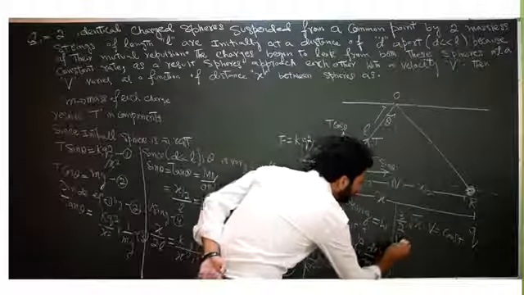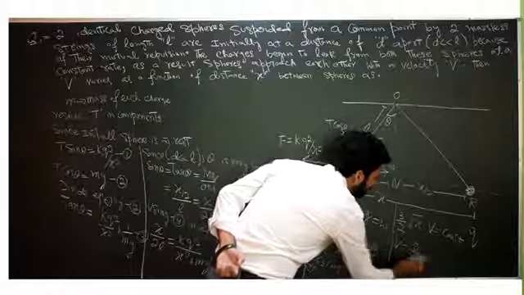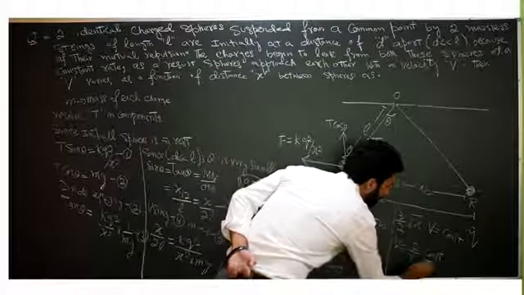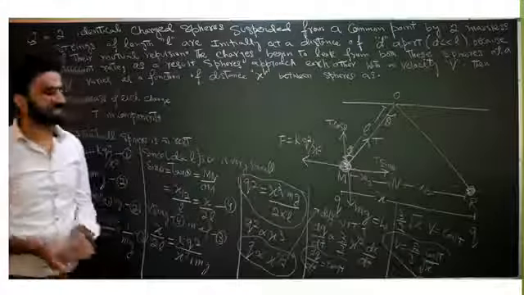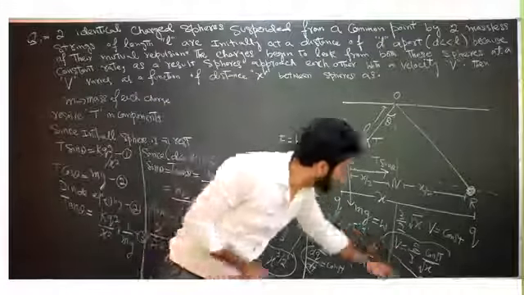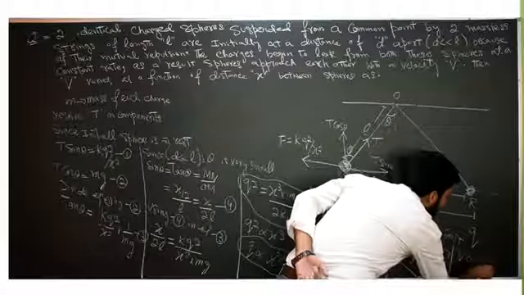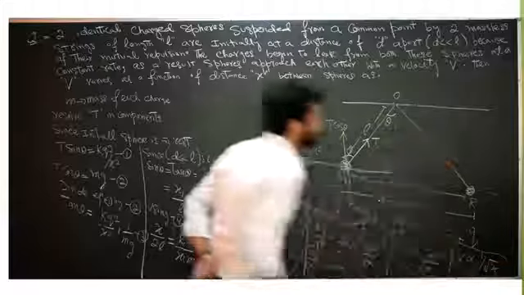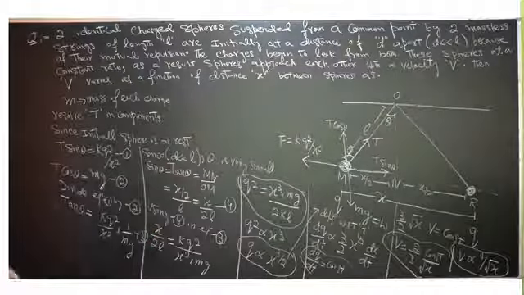Or v is equal to 2 by 3 into constant divided by root x. From this equation, we can conclude the relation between v and x: v is inversely proportional to root x. This was the thing we were supposed to calculate.